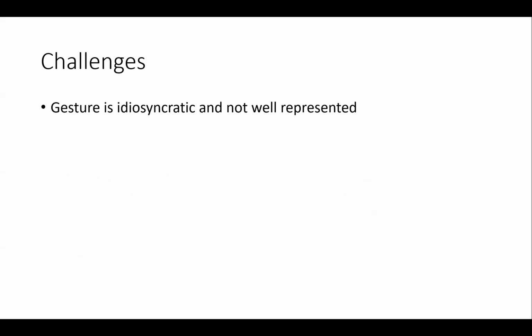This is a very challenging problem. And I think maybe my main takeaway from this talk is to hopefully get you to understand some of the challenge. Gesture is idiosyncratic. So that means that different people gesture very, very differently. It's also not well represented. For language, we have a nice way of codifying language. We have written text.